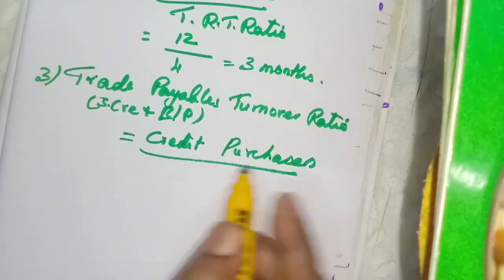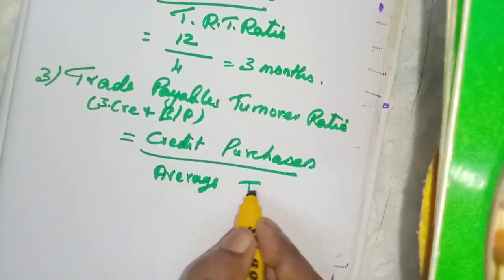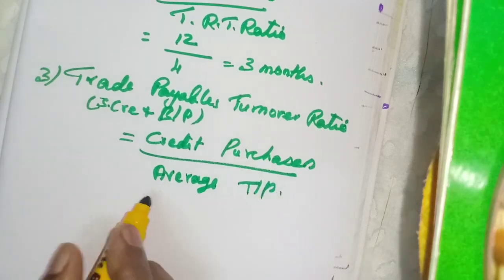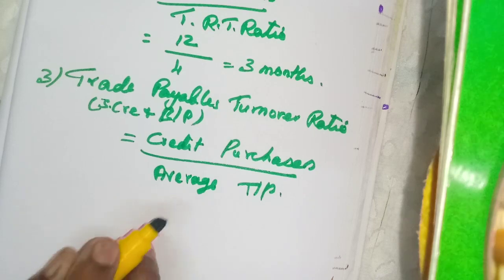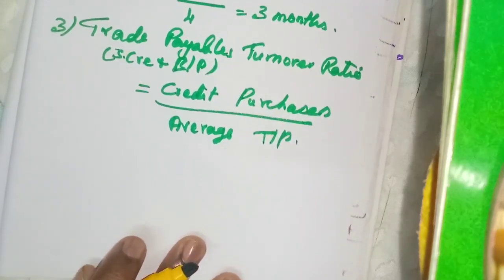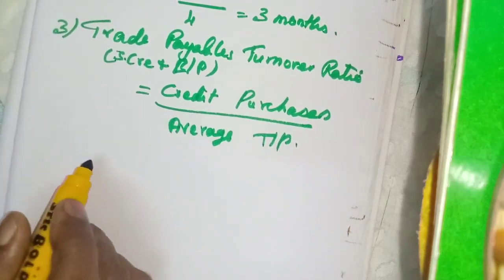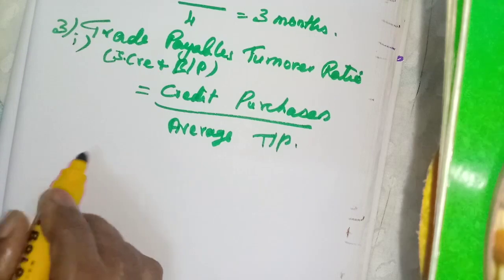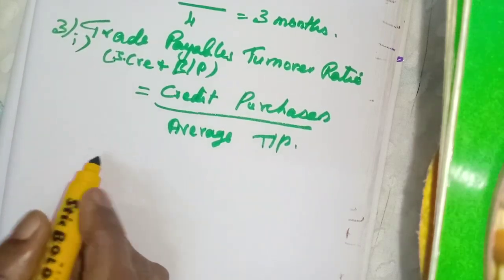Credit purchases divided by average trade payables. Credit purchases they may give. Okay, so we will do the next problem. In the same method we have to calculate the credit payment period also.